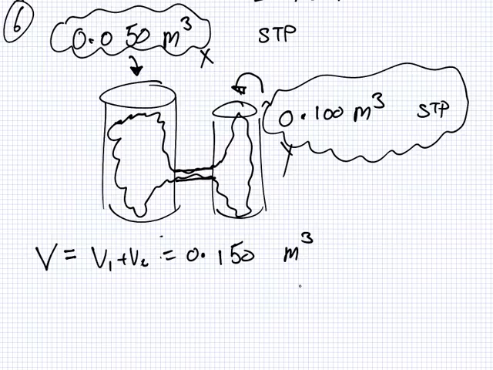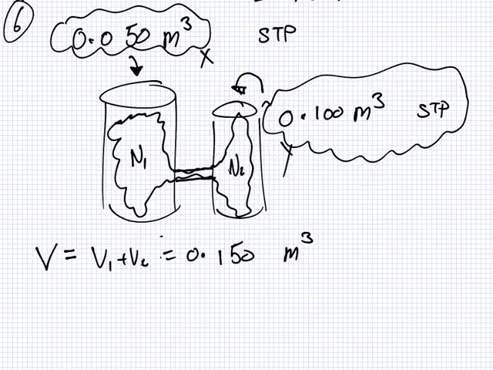N adds, because if you have N1 here and N2 here, then in total you'll have N1 plus N2. If I have 100 moles of one thing and 200 of another, then I have 300 moles altogether.